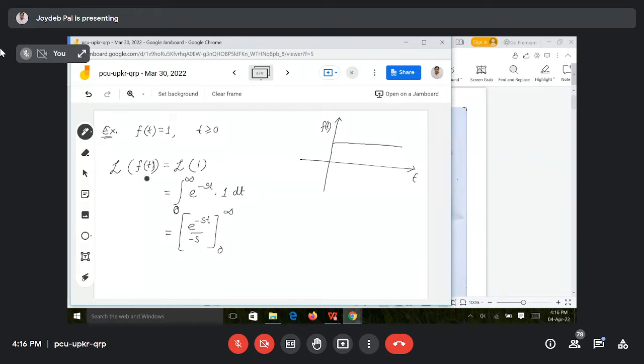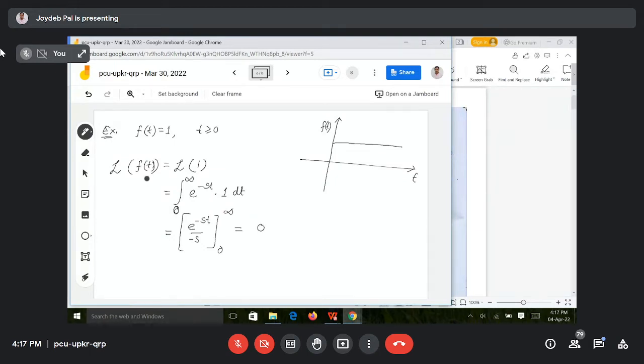From 0 to infinity. Now if you put infinity, what is it? Here the values 0 and infinity are values of t. So if you put t equal to infinity, it will be e to the power minus infinity, provided s is positive. If s is positive, then e to the power minus infinity is 0.